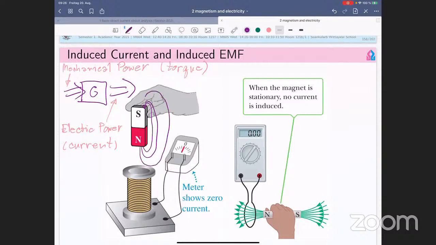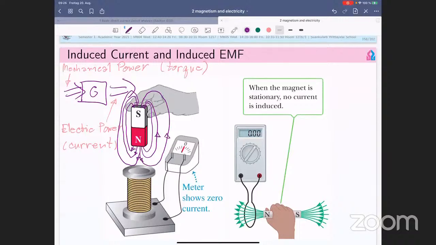It will flow like this all the time, everything here, everything there. You can see that at this part you have the magnetic field line pointing almost in the downward direction.